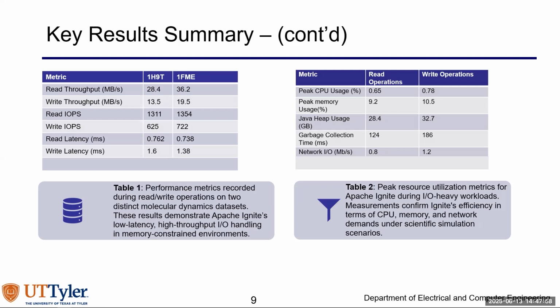And if you look at this memory usage, 8 with respect to 1H90, and then 1FME is like 7.50. So there is a slight dip in the larger data set, which suggests that there is an optimized caching solution for the larger data set.